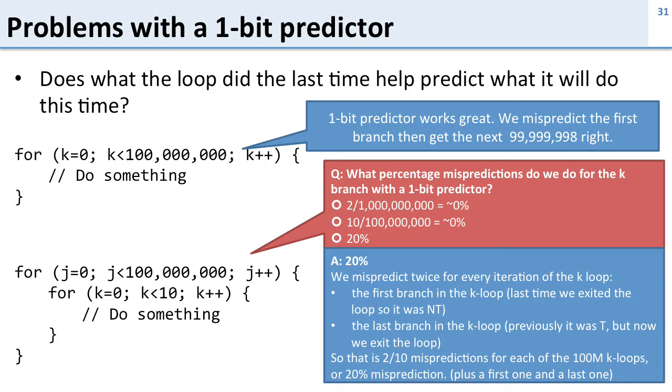And then we're going to go around 8 times in the k loop until we get to the last iteration of the k loop. And on the last one, we're going to mispredict that we go around again when we really exit. So that's 2 mispredictions for every 10 branches in the middle loop. So that's a 20% misprediction rate.